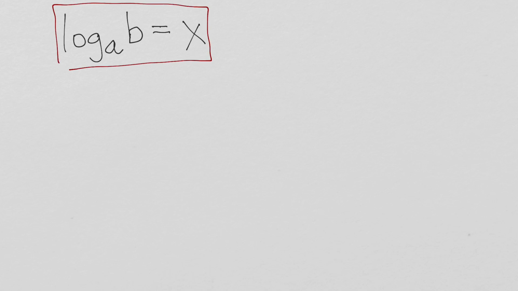So let's just start from where he started, which is that we have, let's say here, log base A of B equals X. So I would call this whole thing an equation.